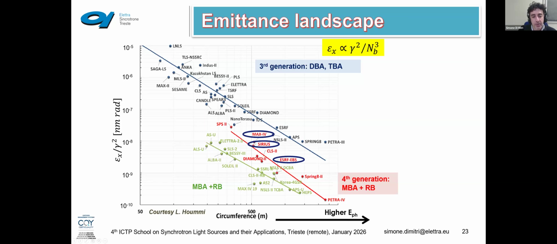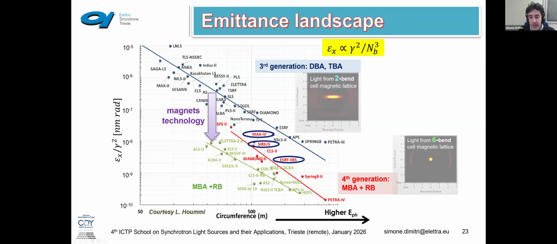As the number of dipoles has been increased, or will be increased in the near future, we move from the blue line to the red and green lines. And this gap, this reduction in equilibrium emittance, here normalized to the electron beam energy, but it doesn't really matter, is mainly due to the magnet technology.